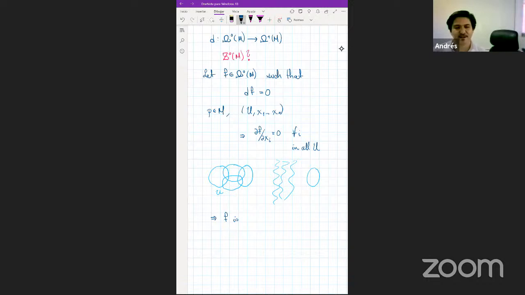It is locally constant, right? It will be constant on each connected component.